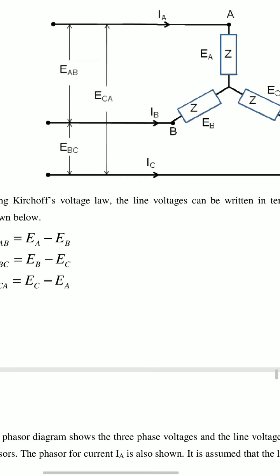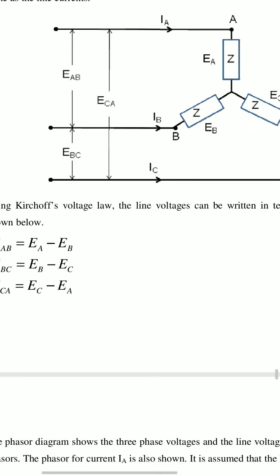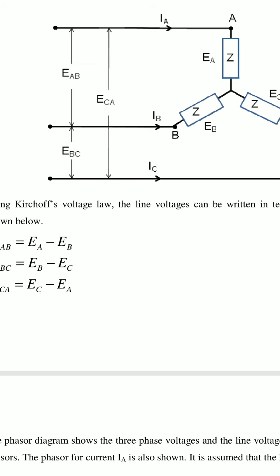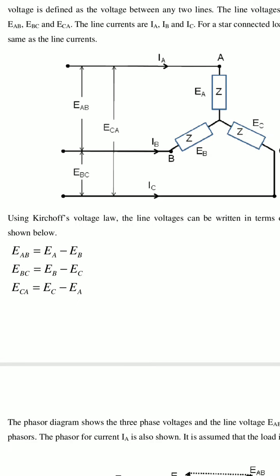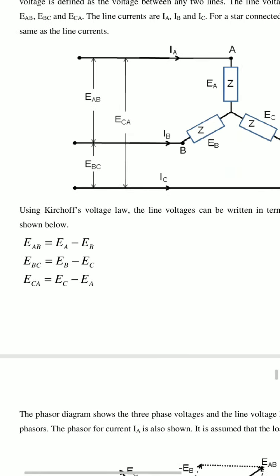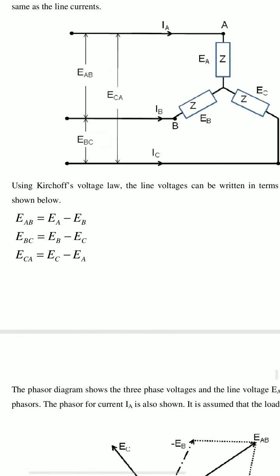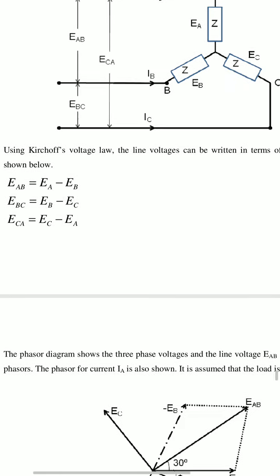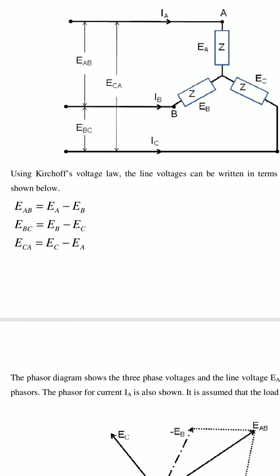Now from this diagram, using Kirchhoff's voltage law, the line voltage can be written in terms of the phase voltage as shown below. Here EAB is nothing but the voltage between two line terminals.